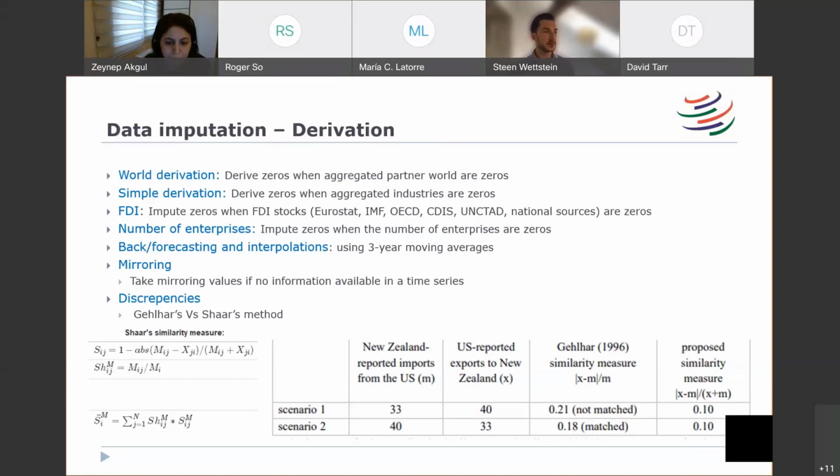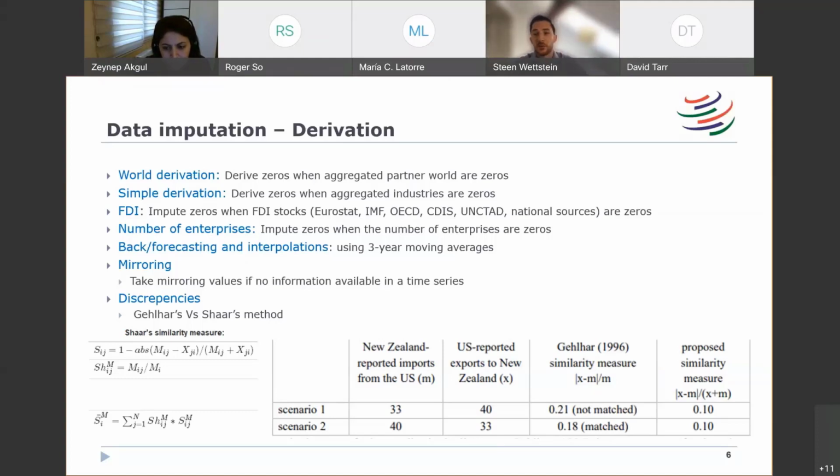We also use some FDI stats, actually, the ones that were provided by Roger. We also assume that if there's no foreign direct investments, the assumption is that there's no commercial presence or foreign entities. And therefore, in these cases, we also fill data entries with zeros. We do the same for the number of enterprises in the FATS domain.